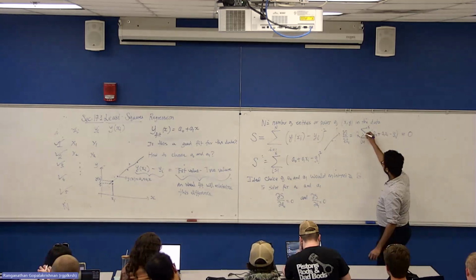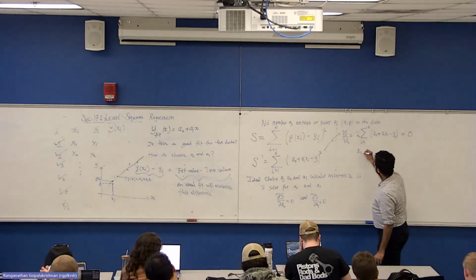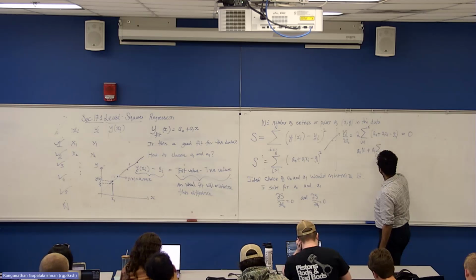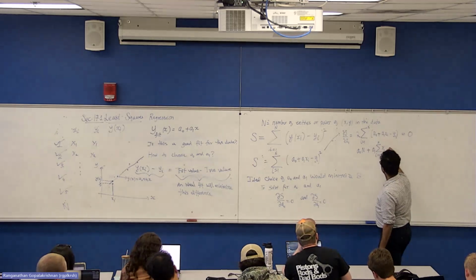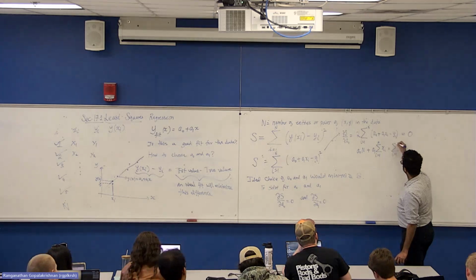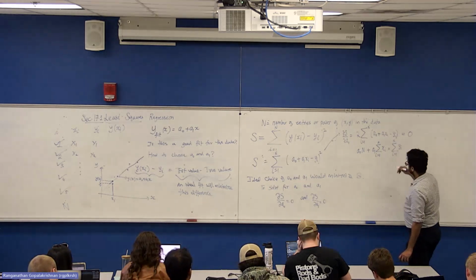So that is like writing A naught times n plus A1 times summation i equal to 1 to n xi equal to summation i equal to 1 to n yi.